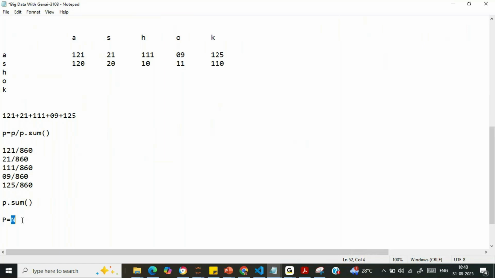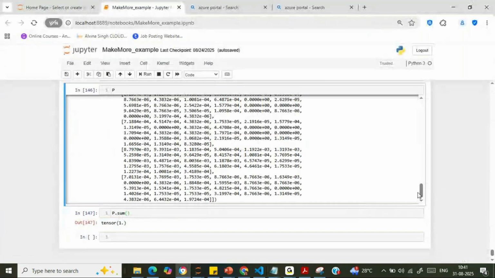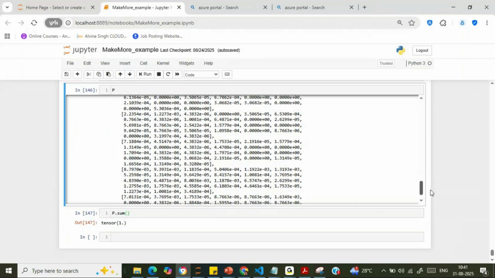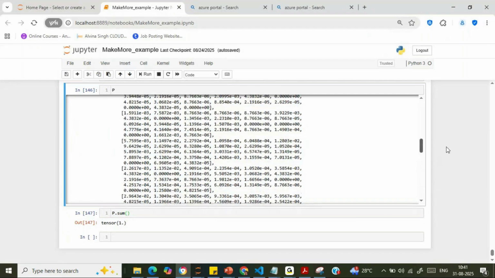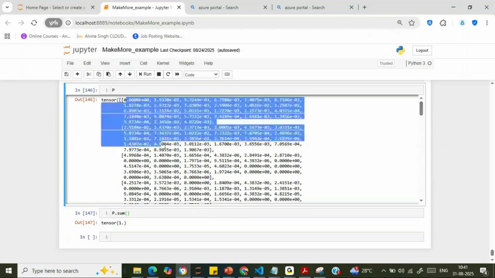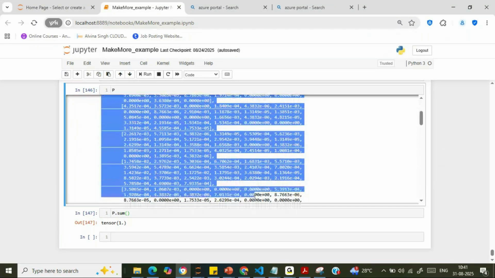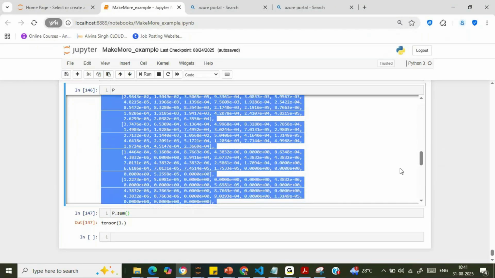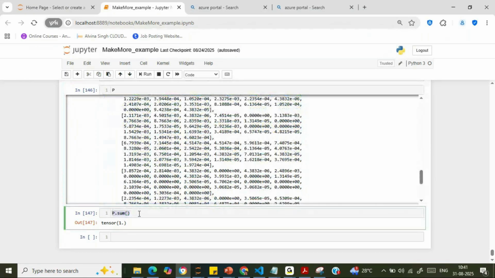Now it is with respect to all the rows. That's what we are able to see over here, the output we are able to get is with respect to all the rows. And now if we find p dot sum, that is coming to 1.